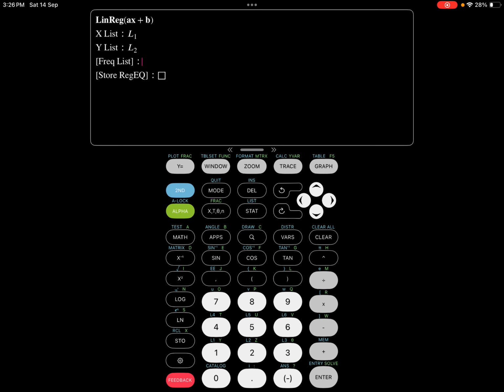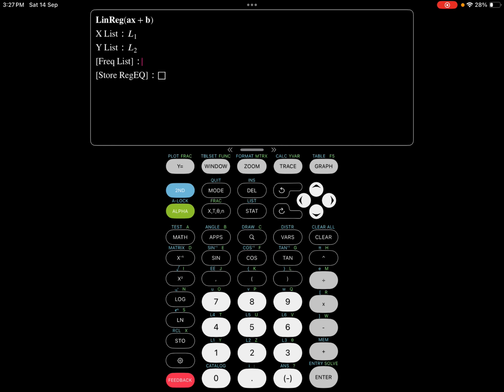Remember we swapped the variables, but when you put everything onto the GDC, nothing changes, because we have entered L1 to be the y variable, and we entered L2 to be the x variable. So there isn't anything that you need to change here, which is the L1 and L2.